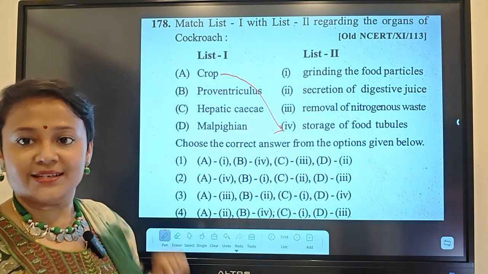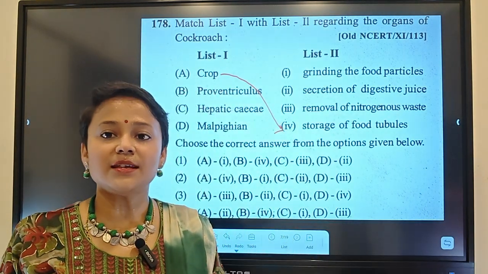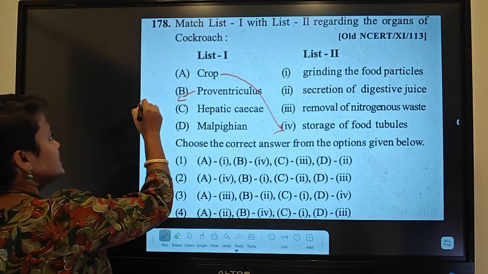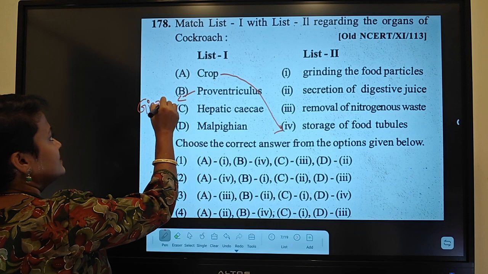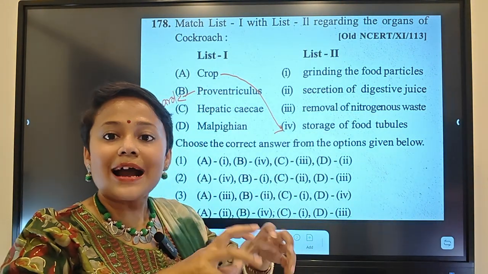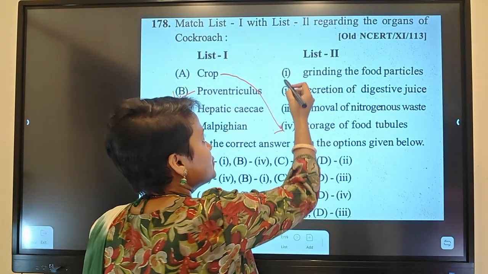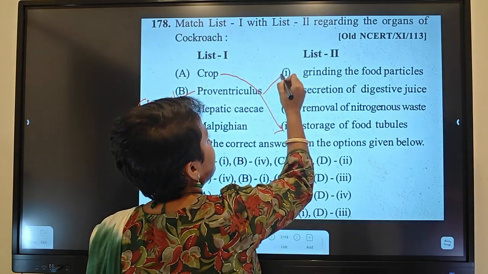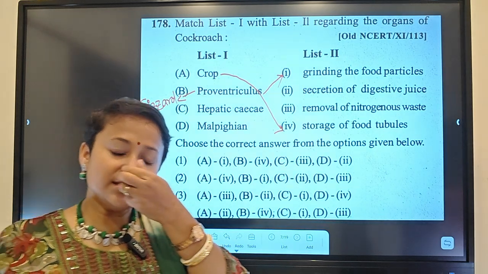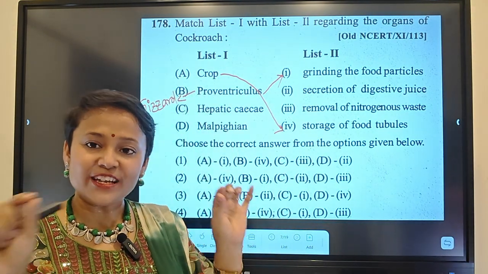Now proventriculus. We may be confused, but it is very easy. It is nothing but gizzard. So the other name of proventriculus is gizzard. What is the function of gizzard? Gizzard will grind the food with the help of chitinous plates. Now hepatic caecae are present between foregut and midgut. There will be 6 to 8 blind tubules.